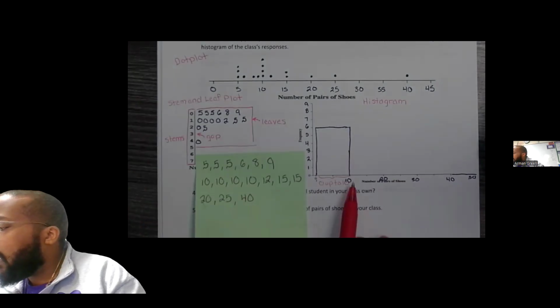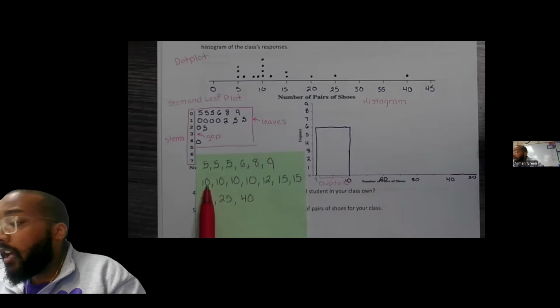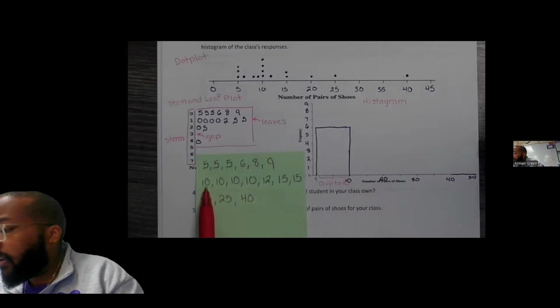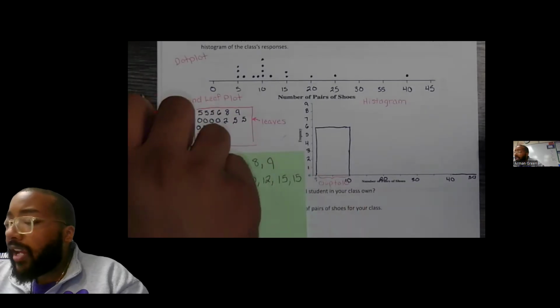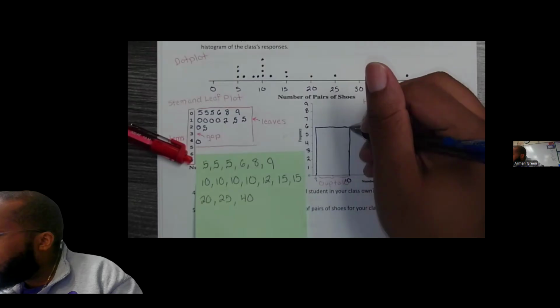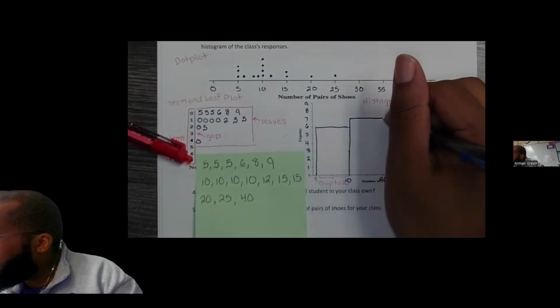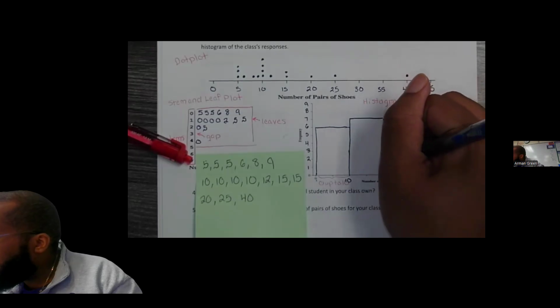Now I want to look at how many numbers we have starting at 10 going up to 20. So we count our data points here. I'm including tens here. So we have 1, 2, 3, 4, 5, 6, 7. So I have 7 numbers starting at 10 going up to 20. So my second bar is that from 10 to 20, I'm going all the way up to 7 for the second bar.